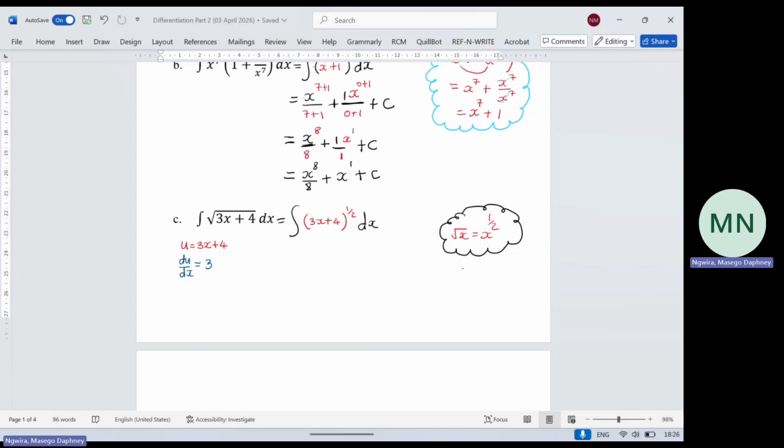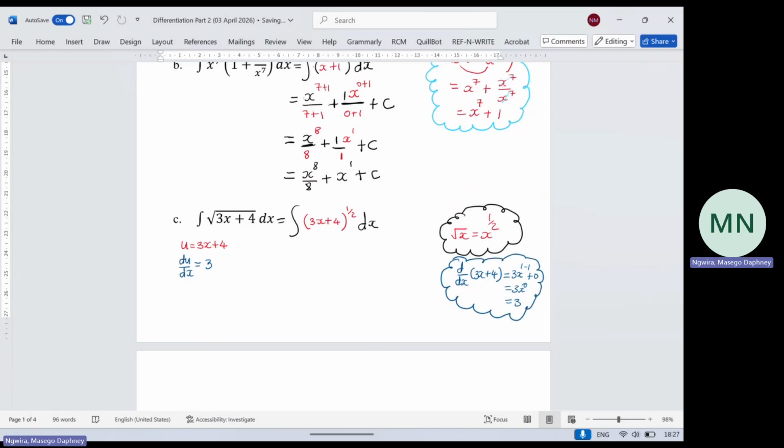The derivative of 3x plus 4 is going to be 3x to the power of 1 minus 1, and then plus 0 because the derivative of 4 is 0. So this will be 3x to the power of 0, and x to the power of 0 is 1, so it is 3. So that's how we differentiate. I'm just doing this so that you remember.